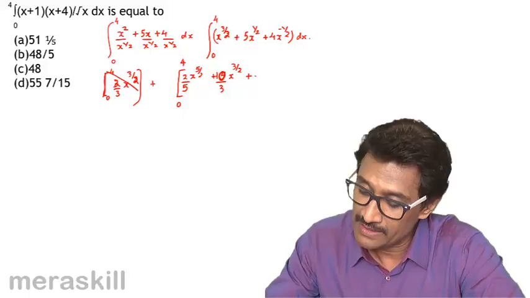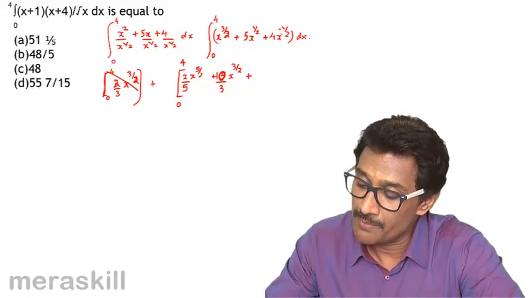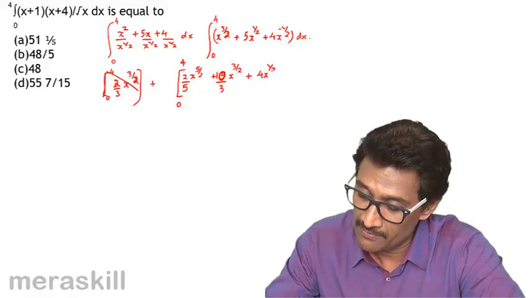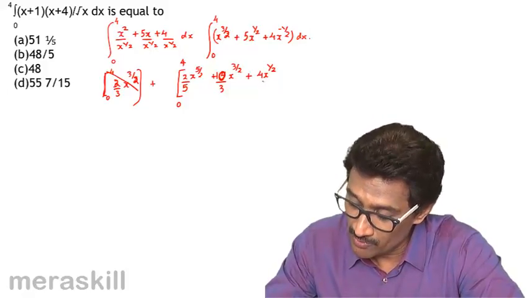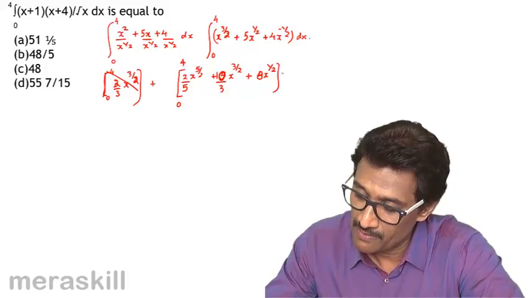Then 4x raised to minus half plus 1, that is 4x raised to half upon half, so it's going to be 8x raised to half.